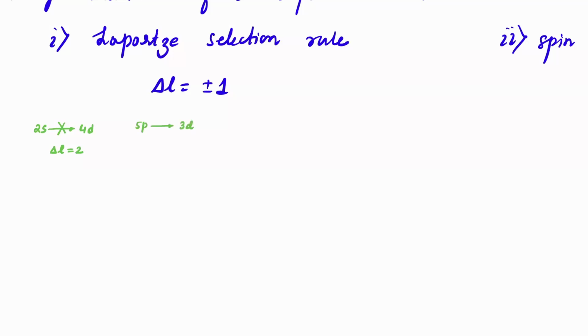Now this is a correct transition because delta L value is 1. So it could be plus 1 or minus 1, and that means we say the selection rule is being followed.